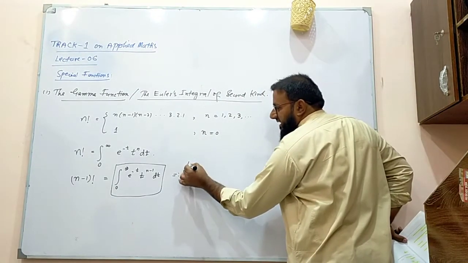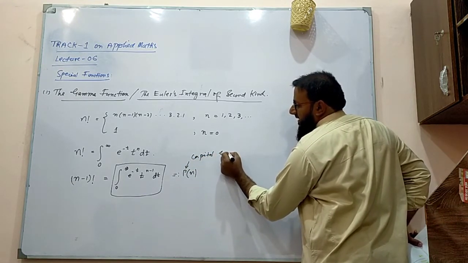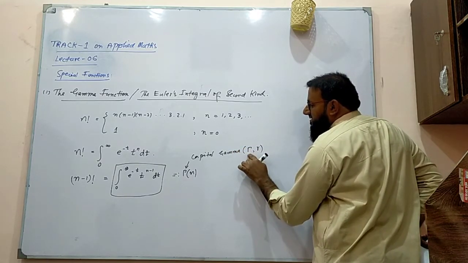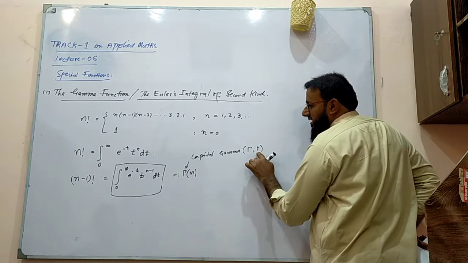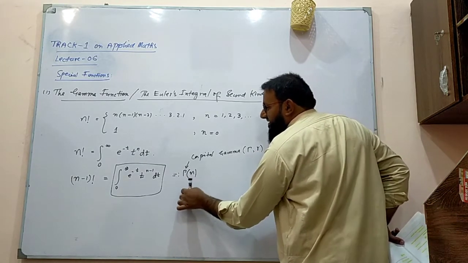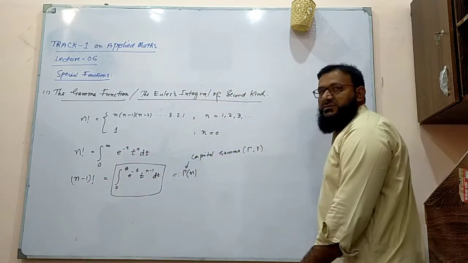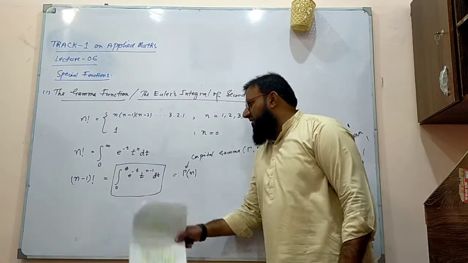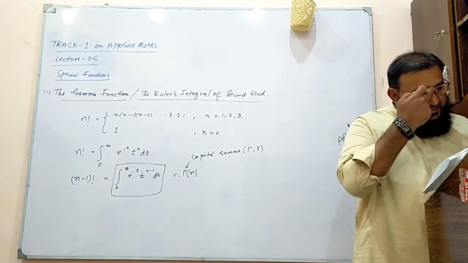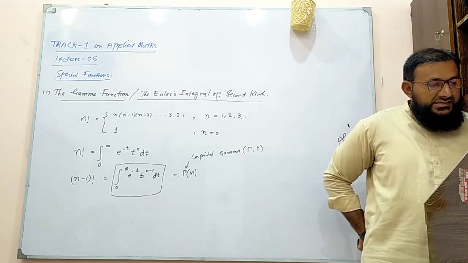So this is capital gamma from the Greek alphabet, and you know very well the small gamma is going to be something like this. This is capital gamma and this is small gamma. So capital gamma of n is what we call the gamma function of n, and it is defined in this way, which is simply equal to n minus 1 factorial. So this is what we call the definition of gamma function. That is integral 0 to infinity e power minus t and t power n minus 1 dt.